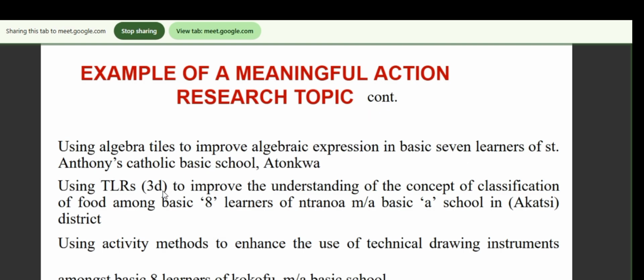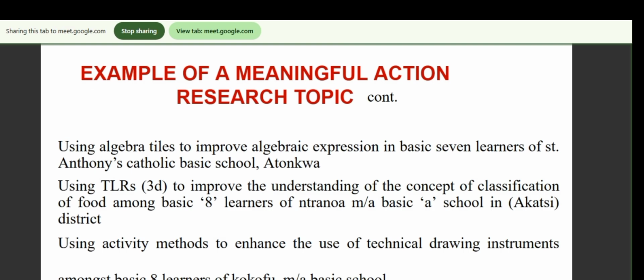The next one is using TLRs to improve the understanding of the concept of classification of food among Basic 8 learners of Intrano MA Basic School in Akate District. Here we are looking at the problem of the concept of classification. Students do not know or understand how to group food.